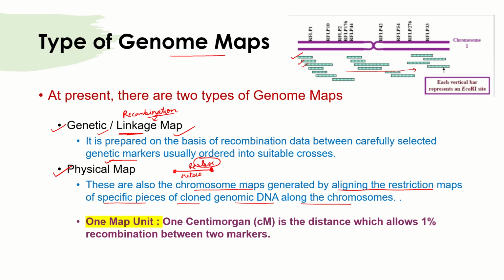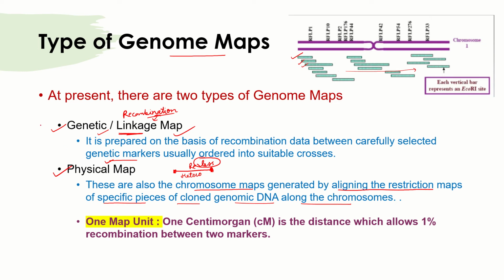So this is how the physical map is generated. I align the restriction fragments, the sequences obtained from the DNA pieces that we use for ligation to the vector for preparing rDNAs, and that can be used to prepare a physical map. This is more real and gives you the exact picture.